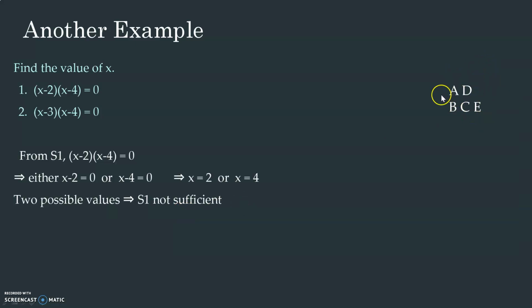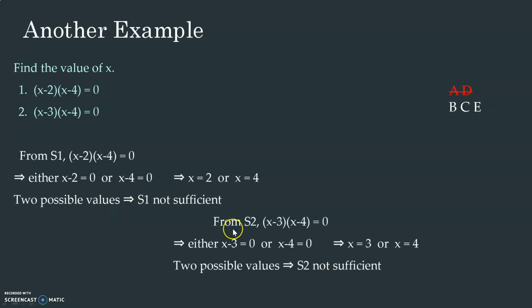And if statement 1 doesn't answer the question, A and D can't be the answer options, right? So since statement 1 is not sufficient, options A and D are ruled out. Coming to statement 2, (x - 3)(x - 4) = 0. Once again, product of two terms equals 0.